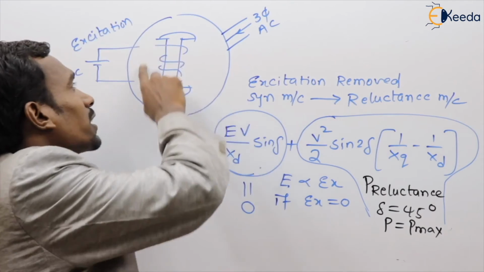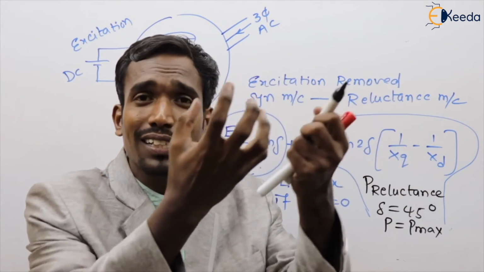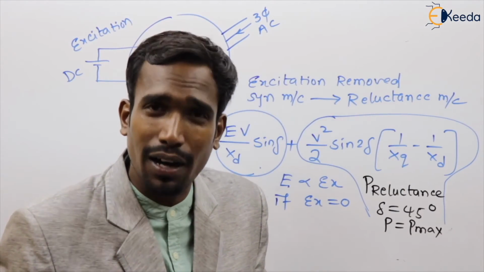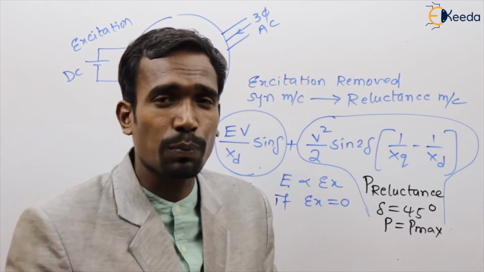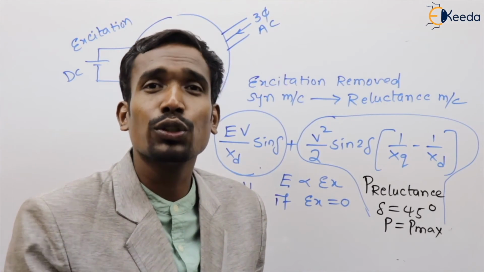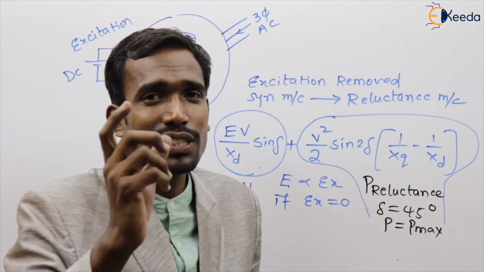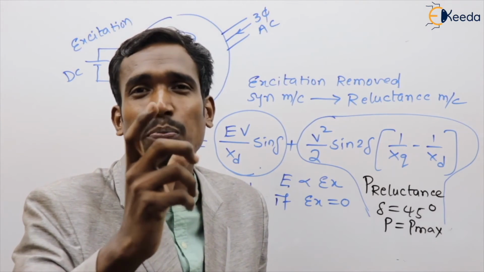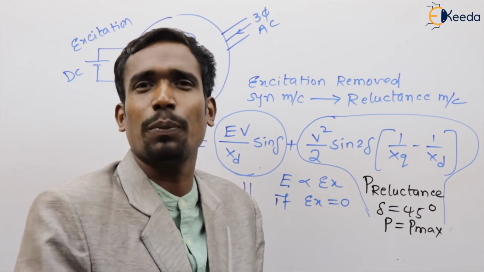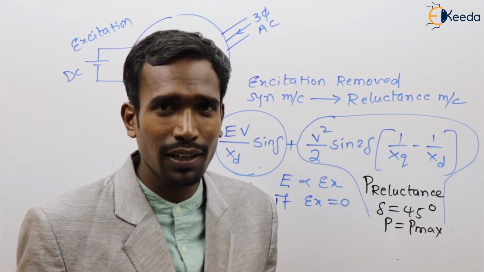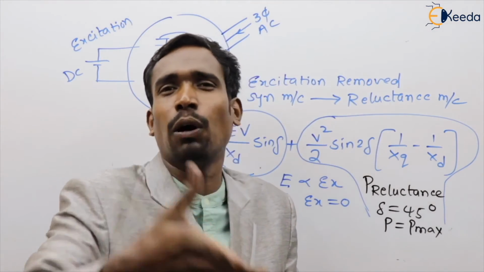When the excitation is removed, the machine absorbs reactive power from the bus bar to produce the poles. Which produces the poles, active power or reactive power? Reactive power produces the poles. That's right.